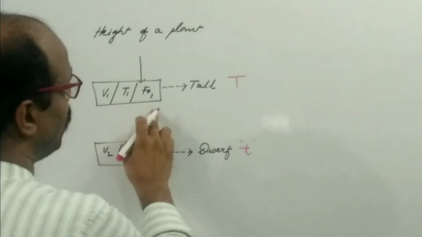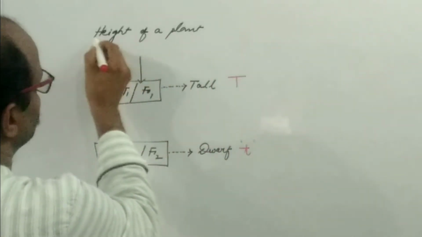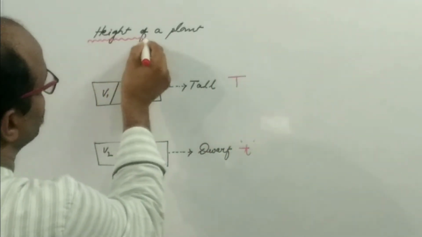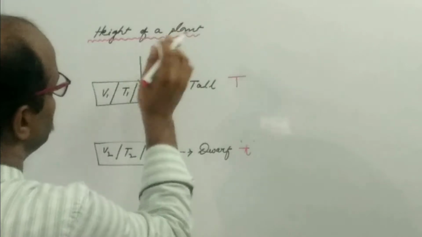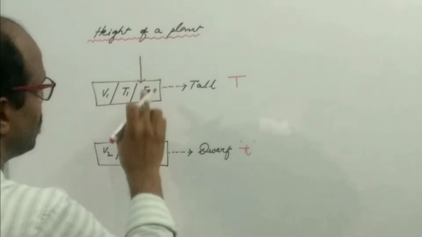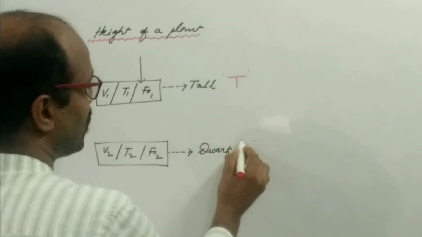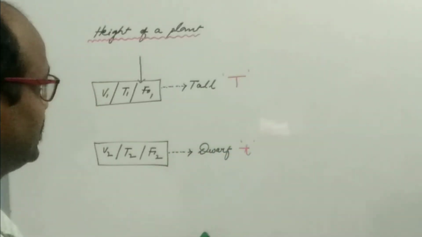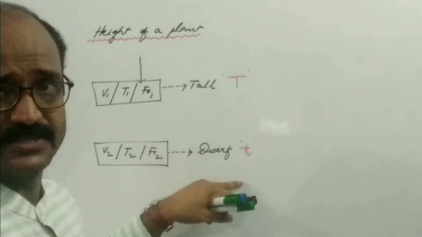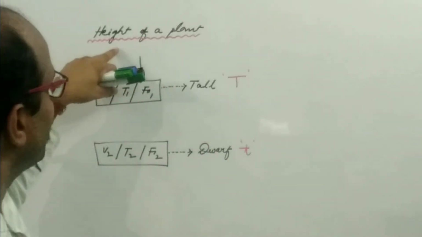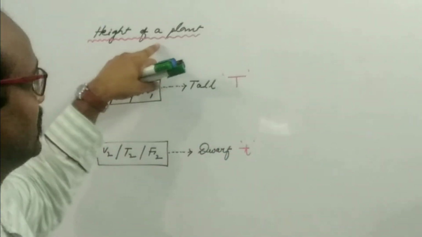Now these two forms of the gene for the height of a plant are known as two alleles. These are the two alleles of the same character or the same gene.